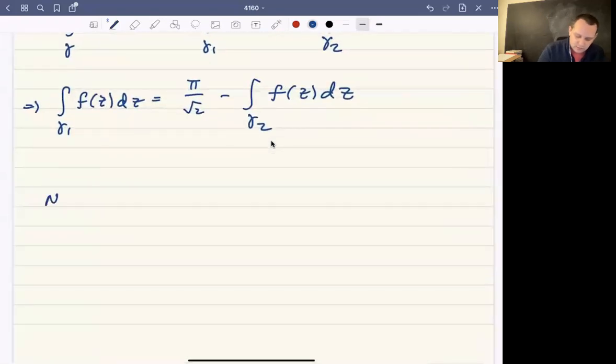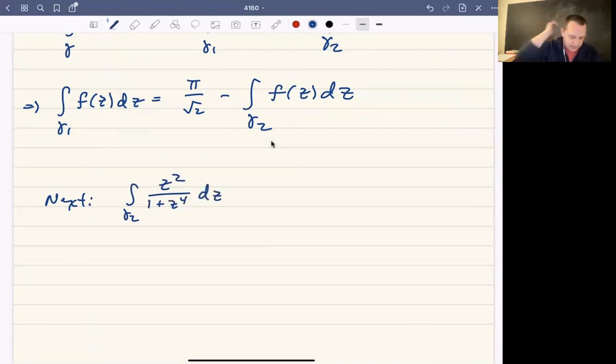So next, we're going to look at the integral over gamma 2 of z squared over 1 plus z to the 4th dz. And so let's think about what that's going to be. This is going to be equal to, we're traveling along a circle of radius r centered at the origin, traveling counterclockwise. So this is going to be the integral from 0 to pi.